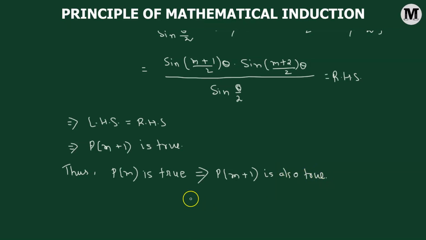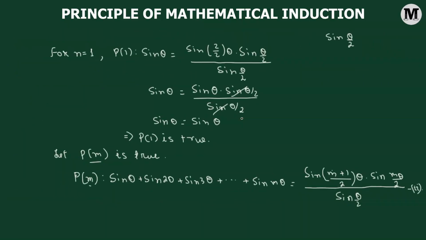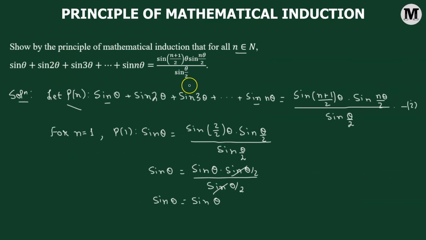So now, by the principle of mathematical induction, we can generalize this and say that the statement P of n is going to be a true statement. And this is going to be true for all n belonging to the set of natural numbers. So hence, we have successfully verified the problem.